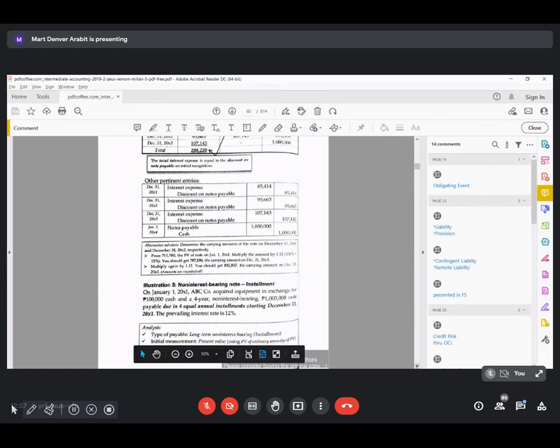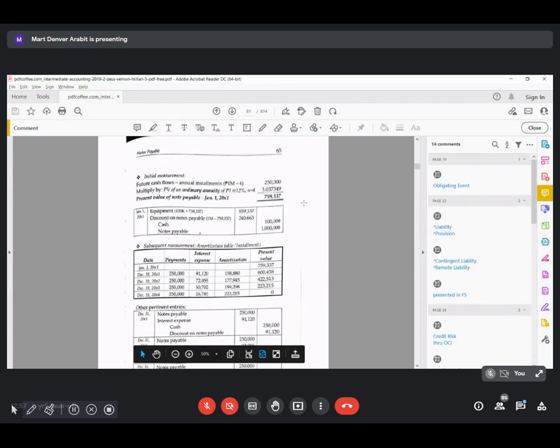Tuloy tayo. Ito na yung sinasabi natin. So the future cash flows is 250,000 multiplied by the present value of ordinary annuity at 12% for 4 years. So ito na yon.